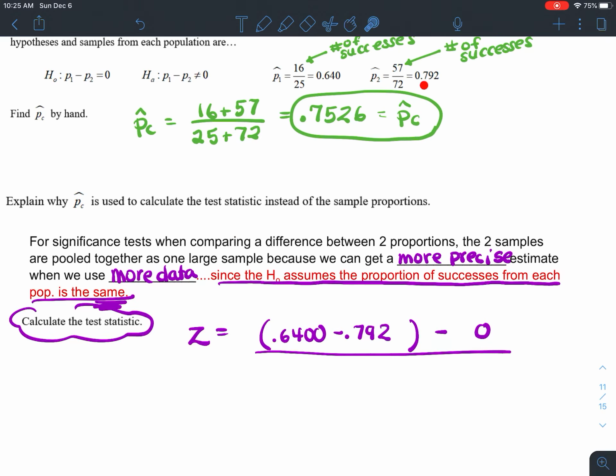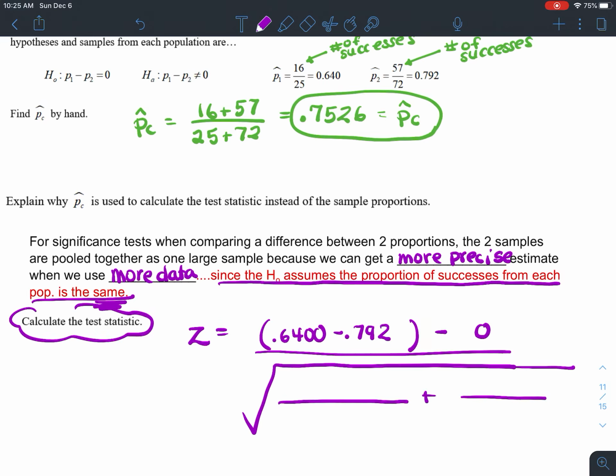That is not combined. In fact, you keep that separate. The 0.64 minus the 0.792. We said this is always 0 because our null hypothesis is assuming that there is no difference. We're only combining those and doing our pooled proportion here for the standard error of our test statistic.